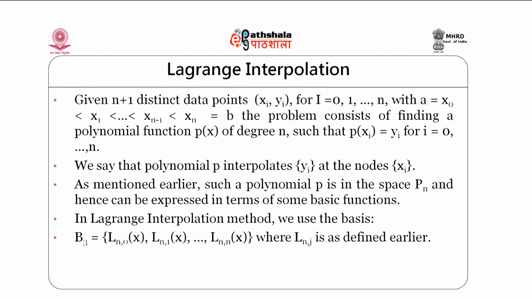So, as mentioned earlier, such a polynomial p is in the space P n and hence can be expressed in terms of some basis functions. In Lagrange interpolation method, we use the basis B 3, which is given by l n 0 x, l n 1 x, up to l n n x, where l n j is as defined earlier.